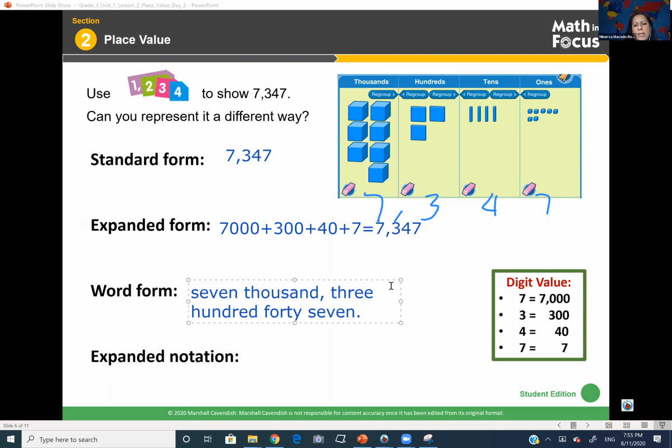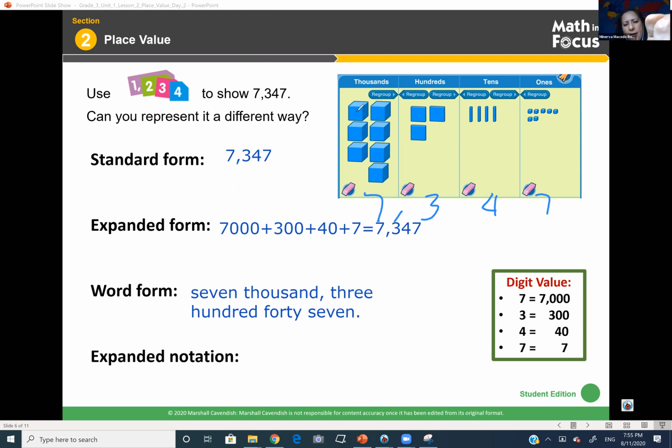The expanded notation is going to be done using the number of cubes that we have and the value of each cube, or of each base 10 block. Let's count together. Let me change color so we can see it.